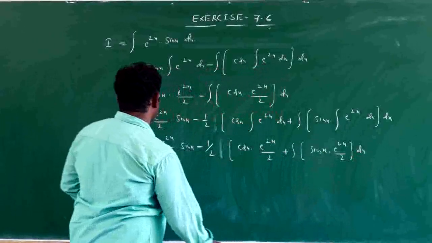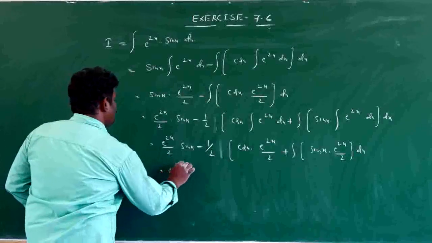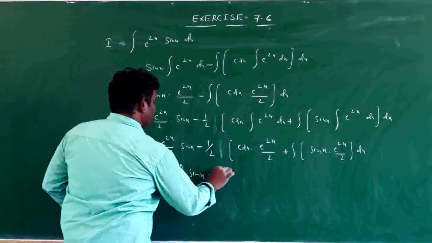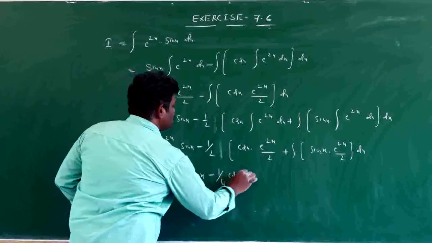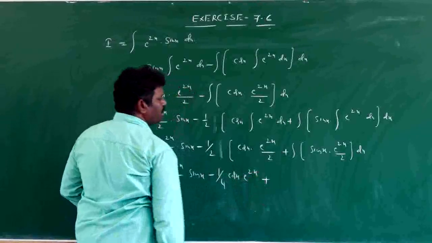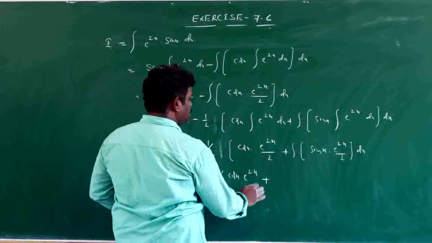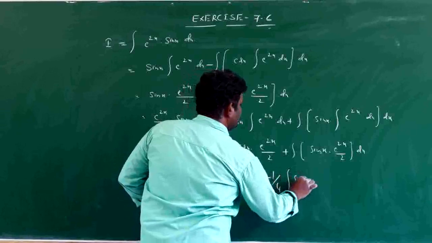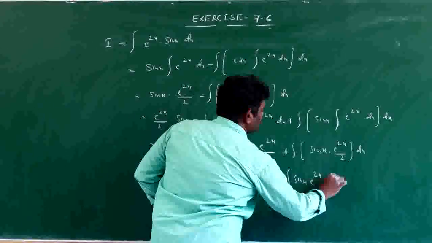Now that is equal to e^(2x) by 2 into sin x minus 1 by 4 into cos x e^(2x), minus 1 by 4 integral sin x e^(2x) dx.